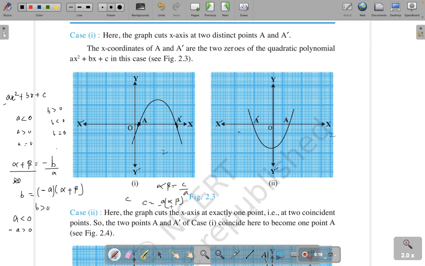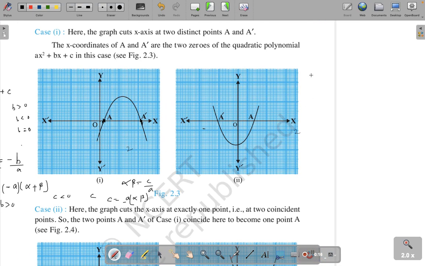Yeah, a is negative, and alpha and beta are both positive. Which means c is less than 0. Okay, now can you tell me how many roots this has? 2 roots, right? So this is of the form ax square plus bx.